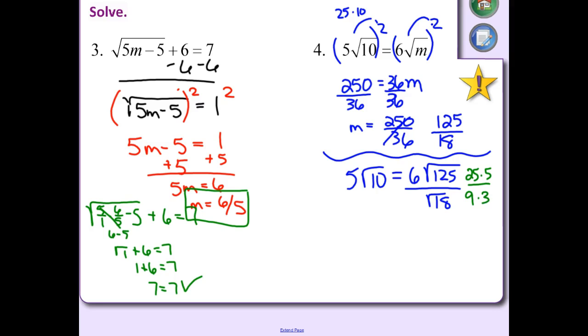So the square root of 25 is 5. 5 times 6 is 30 root 5 over 3 root, that's a 2. 3 root 2. Sorry, 9 times 2 is 18.